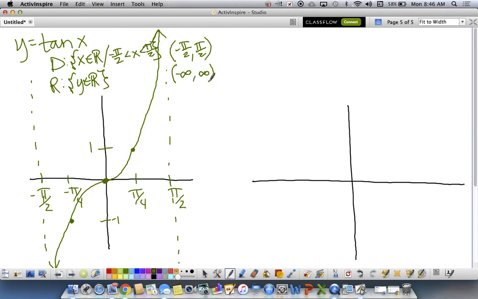Because tangent will not touch its domain or range boundaries, we have parentheses on all of it, because there's no equal sign. Never gonna touch. Let's do inverse tan.